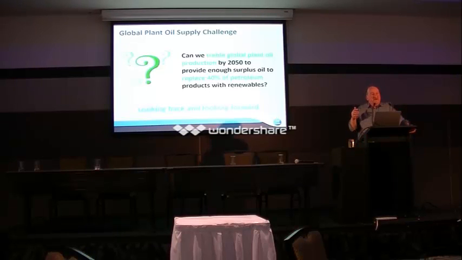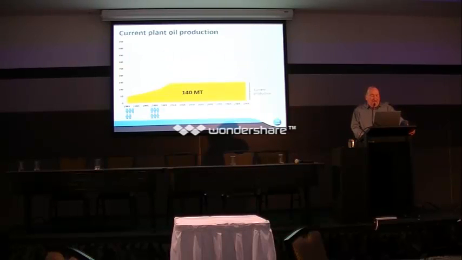So to do that, we really have to ramp up the production of plant oils quite significantly from where they are now. And so we've looked at whether we could conceivably produce treble the global plant oil production by 2050 so that we could meet the growth in food and replace 40% of petroleum products using renewable plant oils.